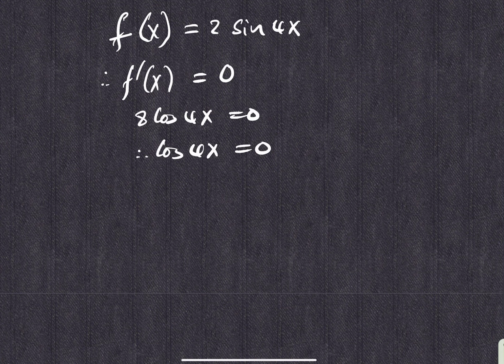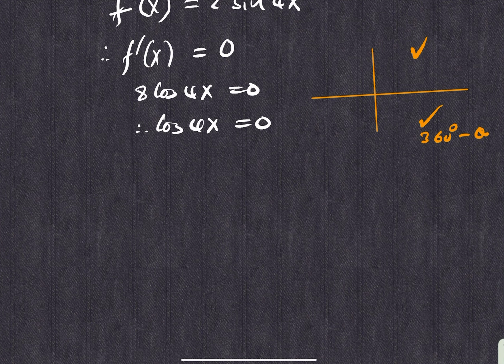Think about it. Where is cos positive? So cos is positive in the first quadrant and the fourth quadrant. That's where this is positive. But here it's primarily the first. It's primarily the reference angle, and then here is 360 degrees minus the reference angle theta. So this means that you're going to say to yourself, let's get the reference angle.